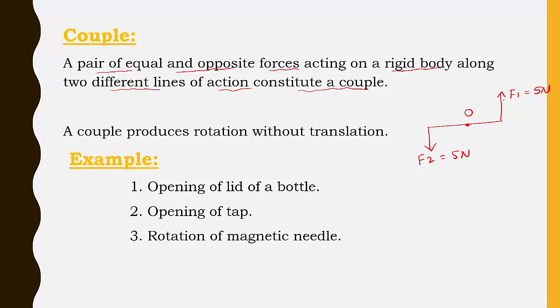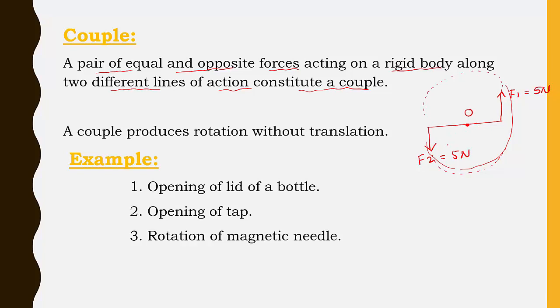Now, when we apply the F1 force in the upward direction, this rigid body starts to move in the anti-clockwise direction. At the same time, the second force is acting in the downward direction. It takes the object in the downward direction. So when these two forces combine, you can observe this rigid body has a rotational motion.